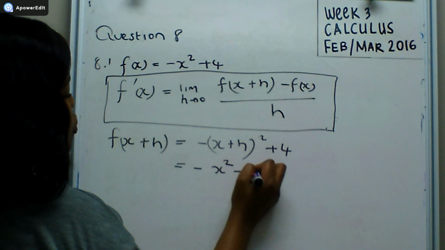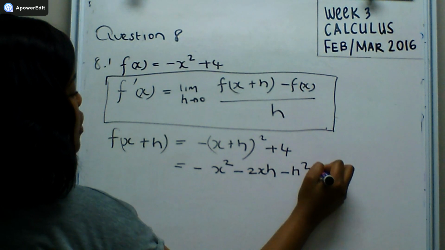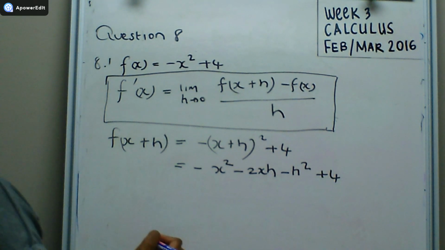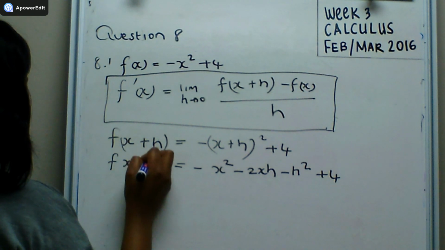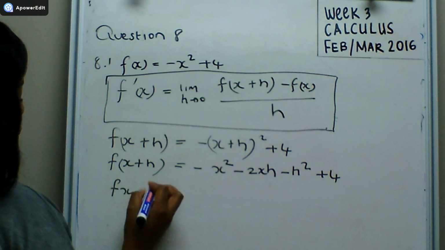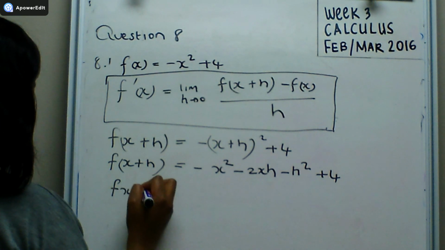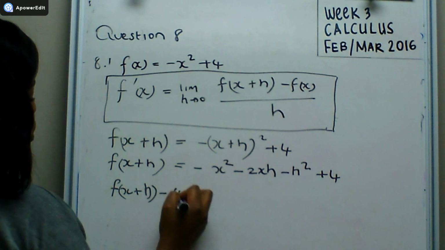Into the formula, as you can see, and just expanding that. That is still my f of x plus h. So what I did is I'm just going to break it down, take bits and pieces from the formula and just apply it, and throughout I get the answer at the end.